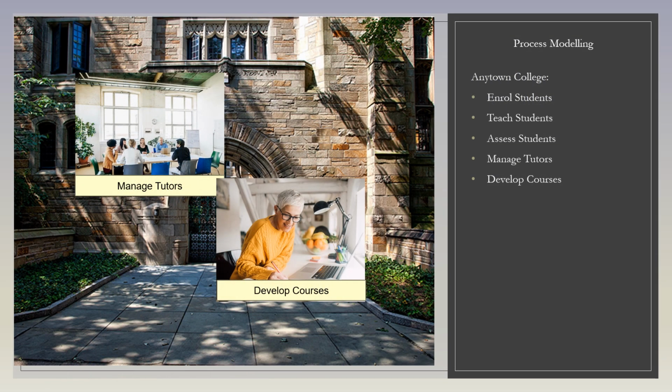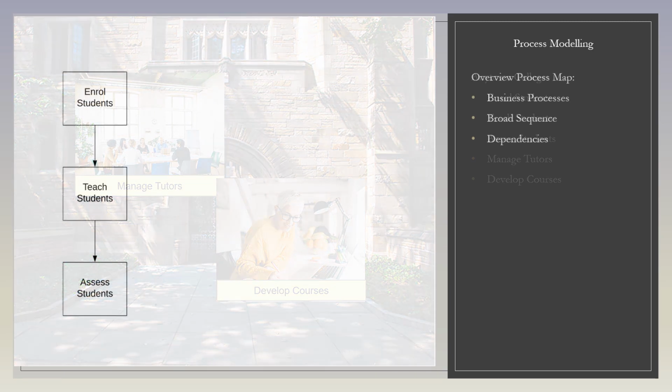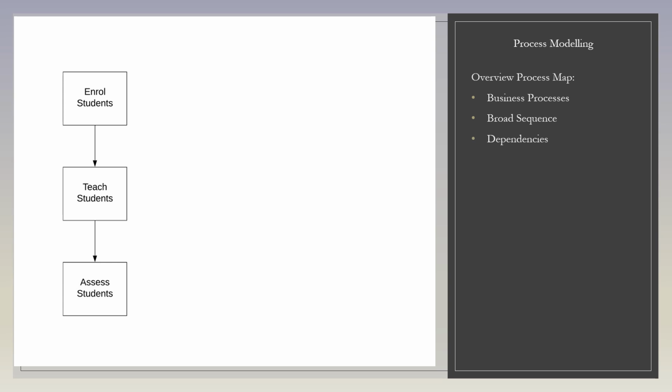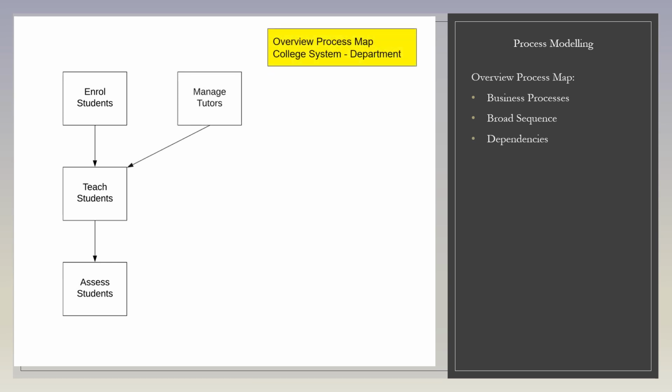Two more business processes within a department that are needed to deliver courses and educate students: manage tutors and develop courses. On our overview process map, manage tutors could be shown as a process that enables the process teach students.